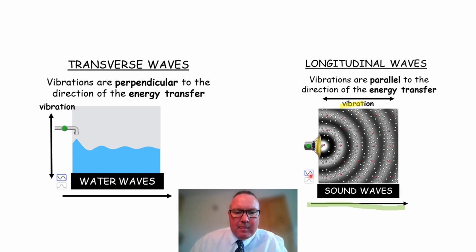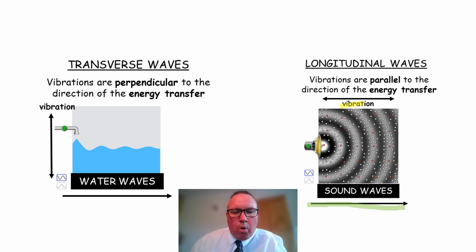In a longitudinal wave, we see the vibrations that make the wave are parallel to the direction the energy is transferred. So we say that a longitudinal wave is one where the energy transfer is parallel to the direction of the vibrations. We remember that by looking at the two L's in longitudinal, which help us remember the two parallel lines which make longitudinal.